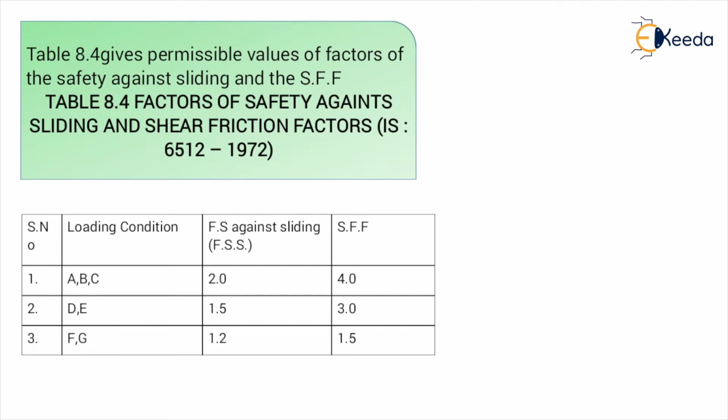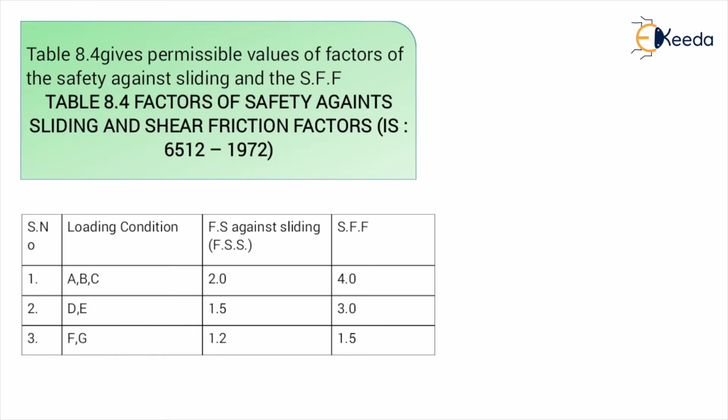Loading means what? I just want to give some introduction and information about this loading condition. We have two recommendations, that is USBR and IS recommendation. According to these recommendations, we have the loading conditions also.